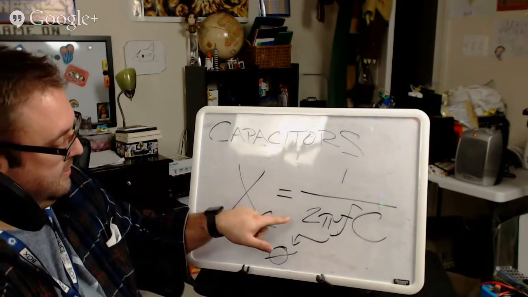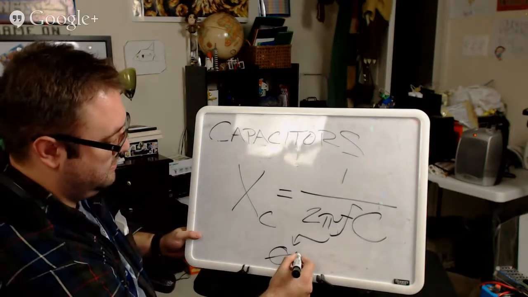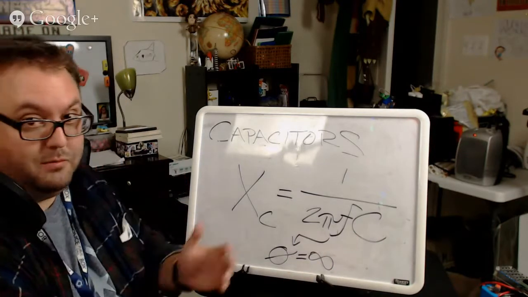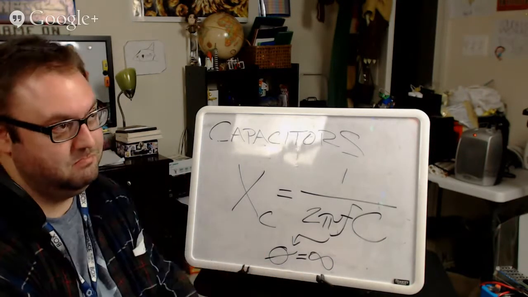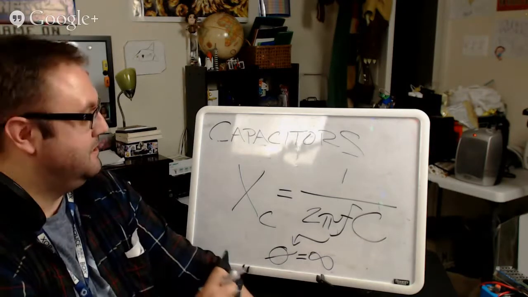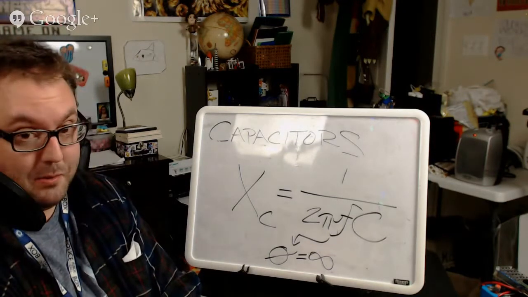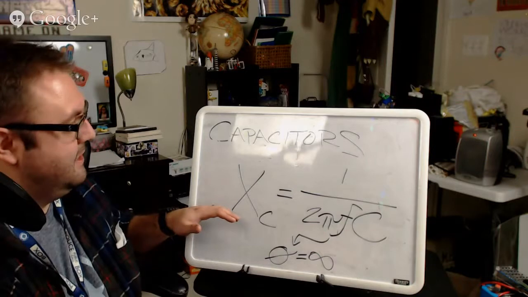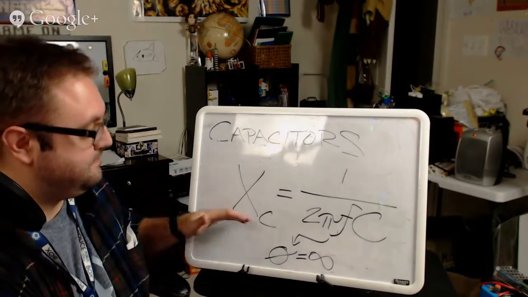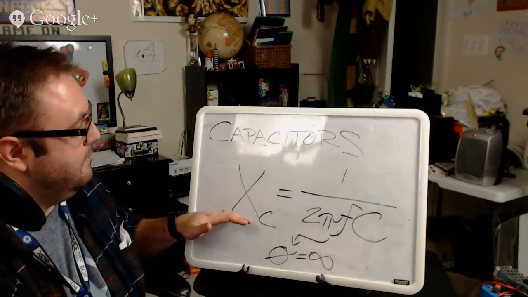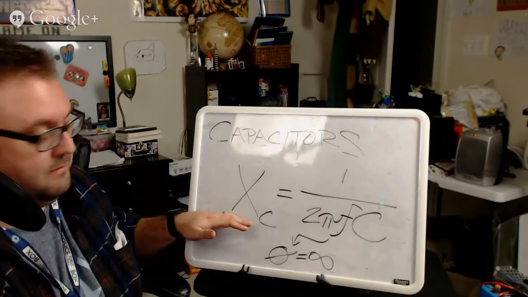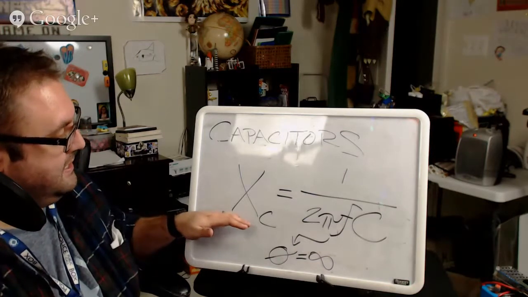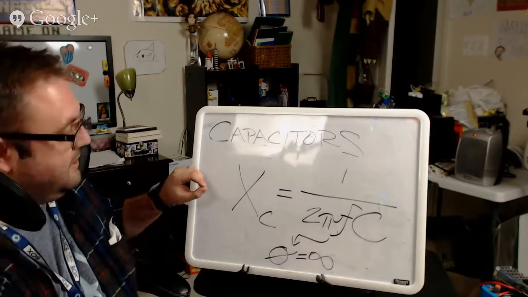X of C equals what? Infinity. Without going through a math calculus class, in short, in reality it can't get to infinite, but for the purposes of proving in your mind what's happening here, as we get to DC, reactance gets really big.